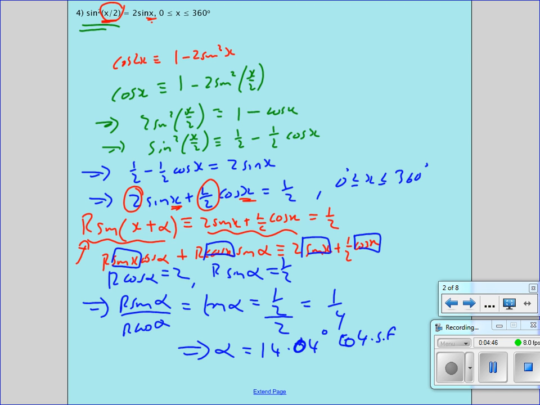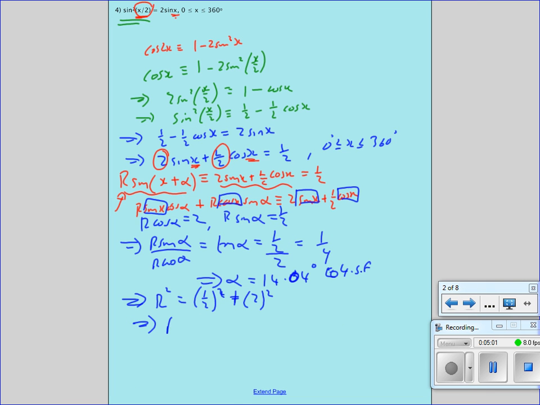Then we need to find out R, and I could do the whole triangle method like I did before, but I can just show that R squared equals a half squared plus 2 squared. With experience I don't need to keep writing out my triangle. So R squared equals 1 over 4 plus 4, which means R equals root 17 over 4.